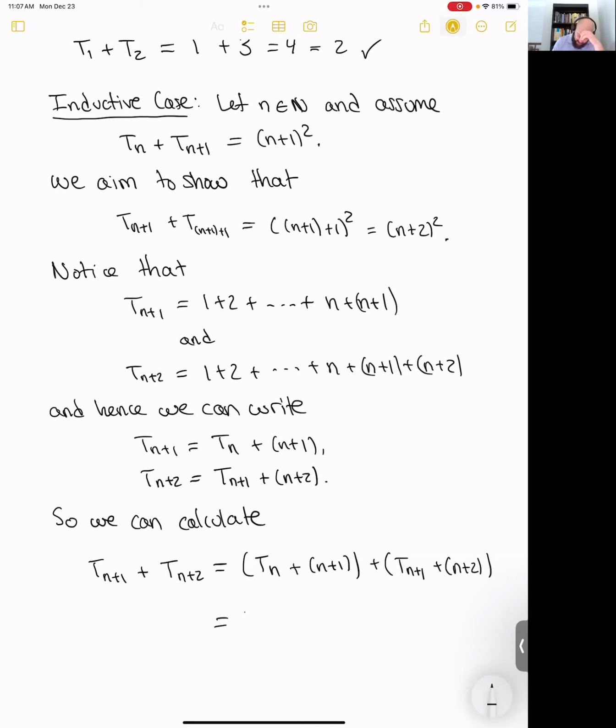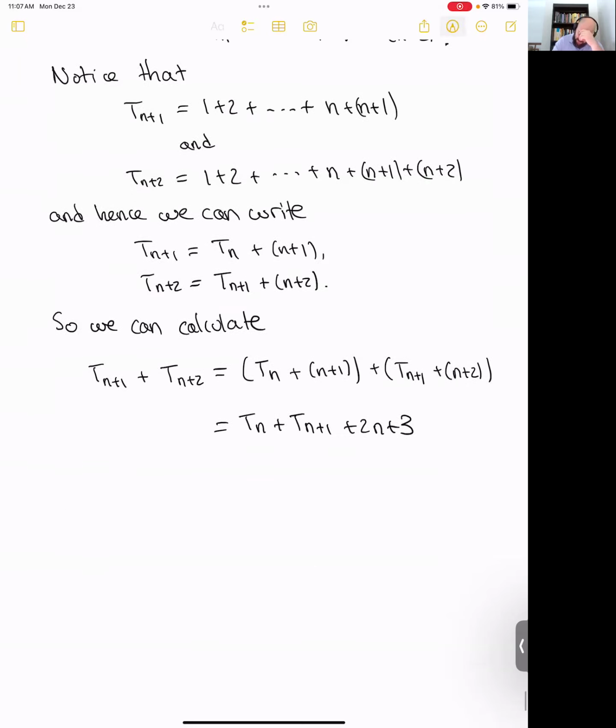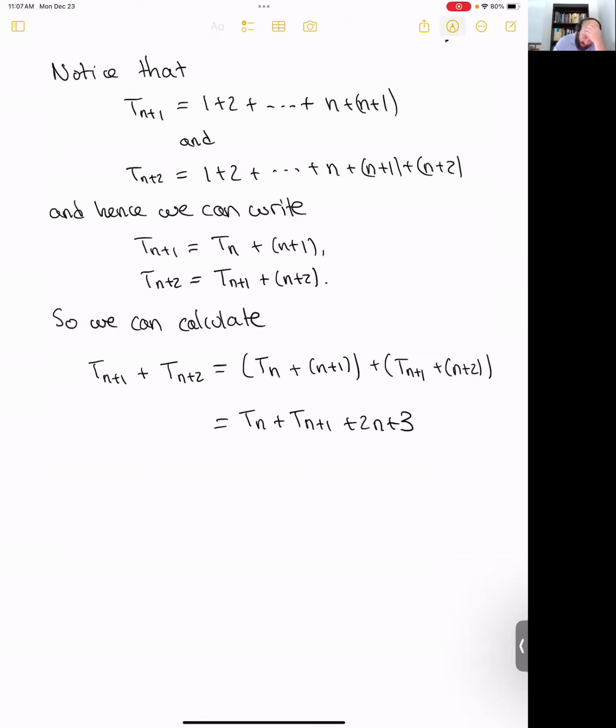But now let's just put this all together. So that's t sub n plus t sub m plus 1 plus 2n plus 3. Okay, so now we need to make this work. So we're going to use the inductive hypothesis now, because we see right here the thing that we're allowed to use the inductive hypothesis on.